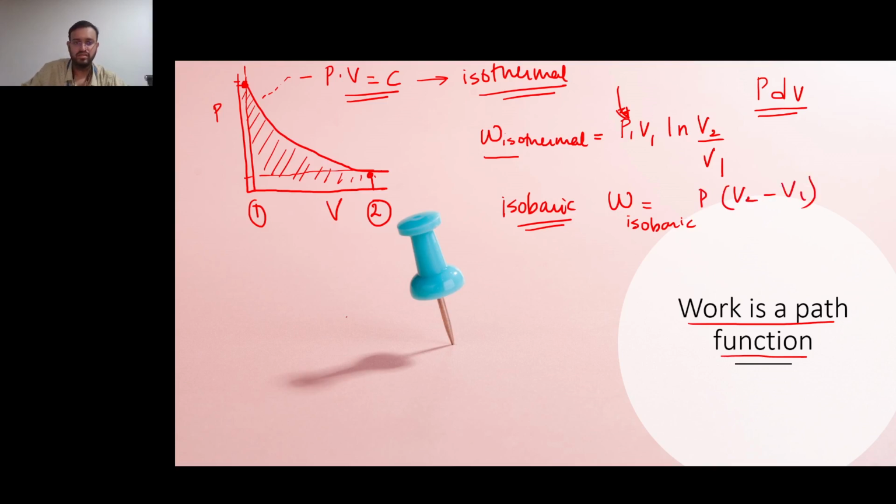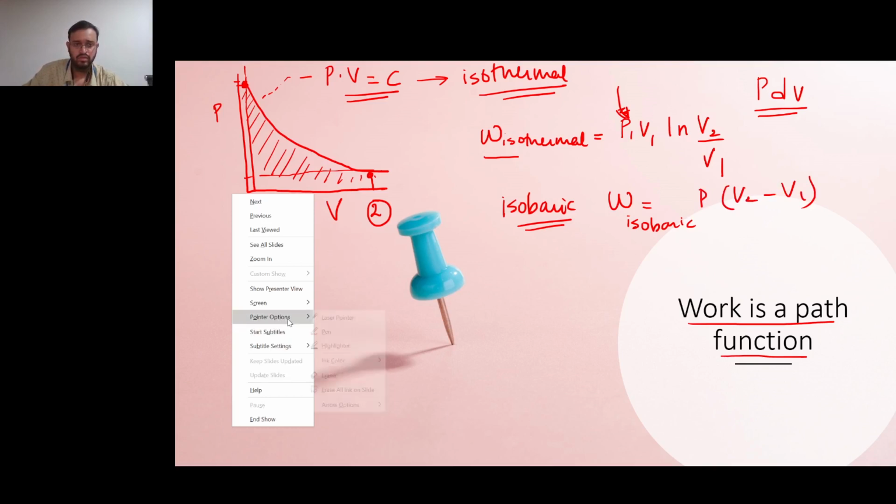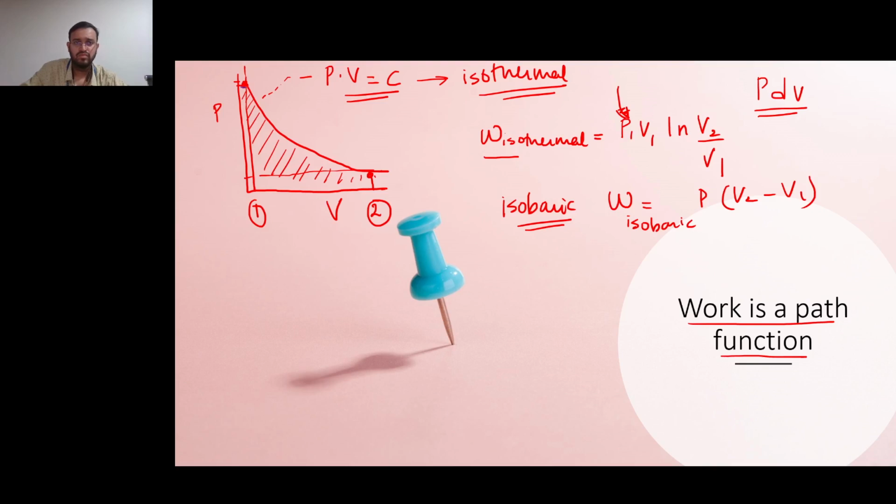In this case, just a second, I'll switch the colors. So if you have a line like this, we know that the area will be something like this.